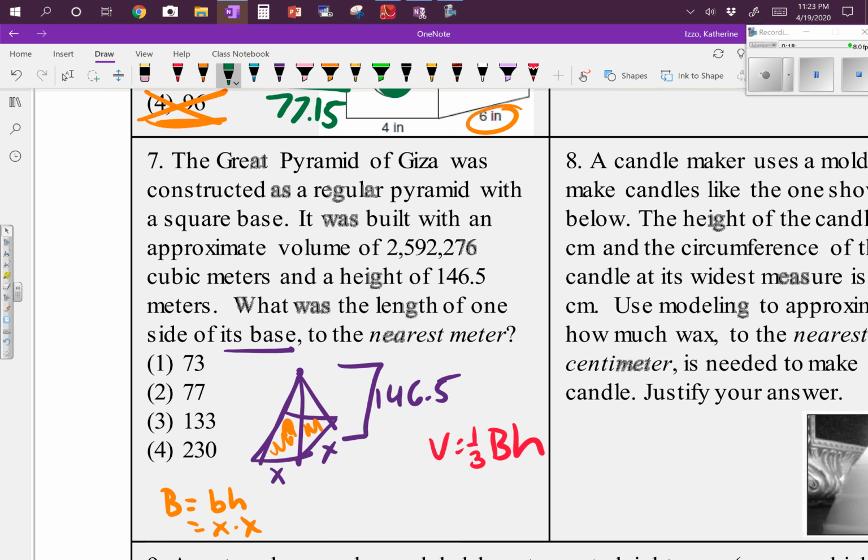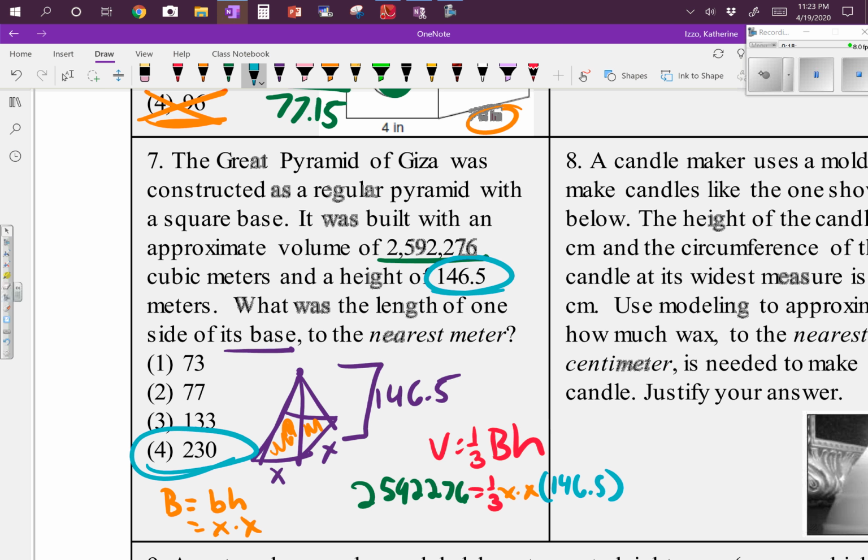So our volume is this, 2592276, equals 1/3 times x times x times h, which is a height of 146.5. Menu 31 that sucker, and you get that for your answer.